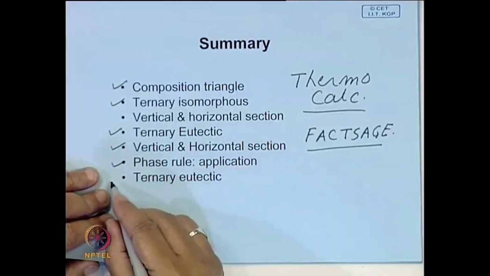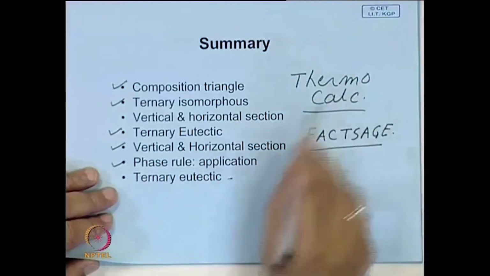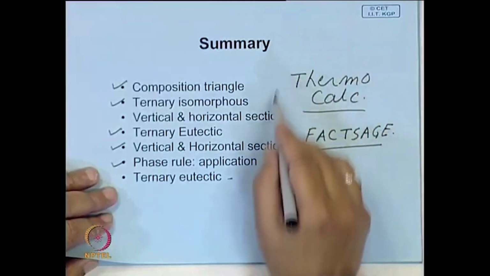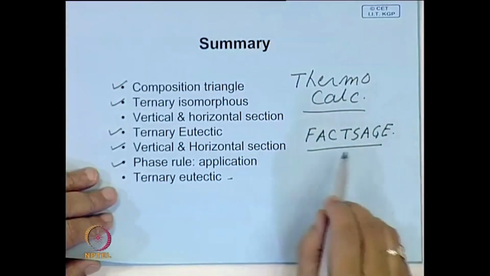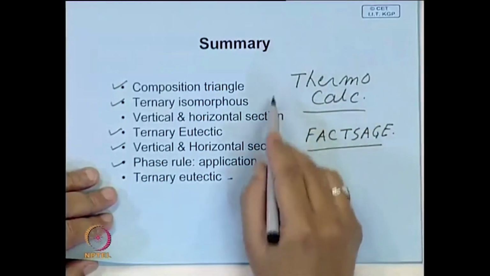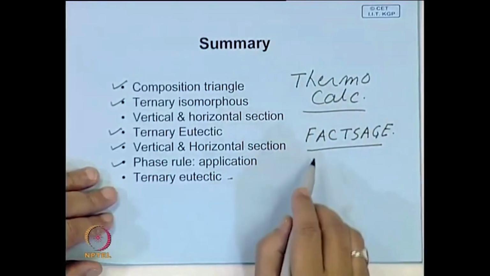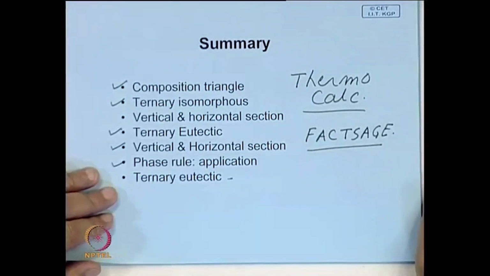We looked at how the ternary eutectic calculation is done, and also how this concept can be extended to understand equilibrium in higher order systems, where in all probability you have to resort to thermodynamic databases with solvers, and there are commercial packages available like Thermocalc and FactSage. Thank you very much.